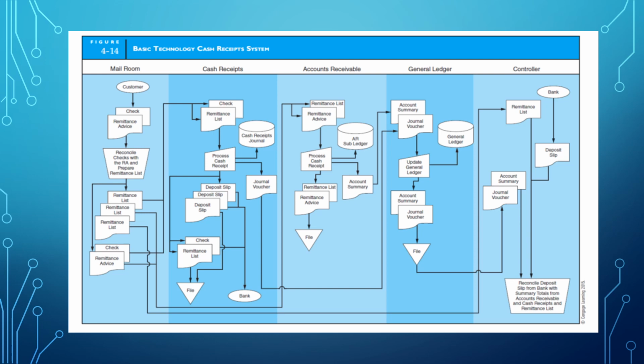Then we update the digital file of the cash receipts journal, and when we get the money in, we update the accounts receivable digital subledger as well as the general ledger in the general ledger department, and so on.